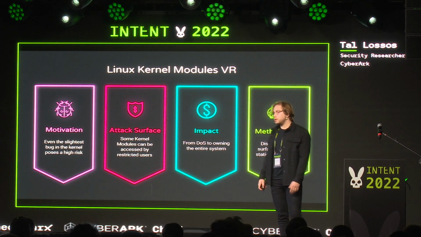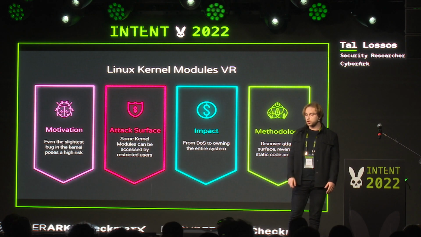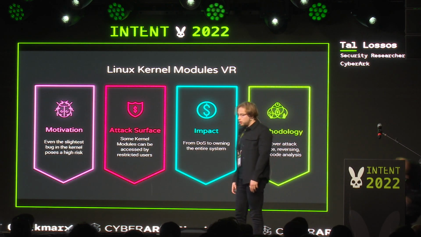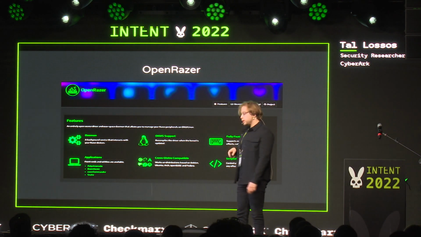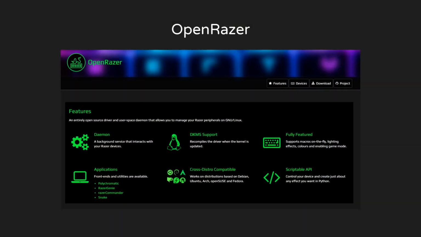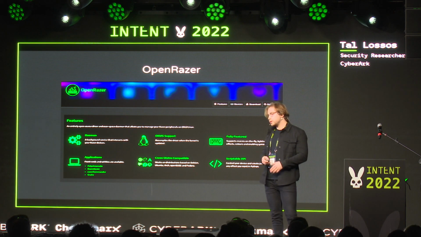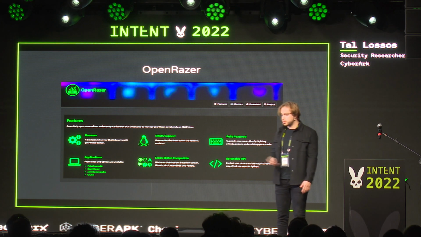The way we've done it is by looking for big third-party vendors that have open source code for kernel modules and looking up their code, one of which was OpenRazer. As you might know, Razer is a big vendor for gaming peripherals, focusing on hardware devices. If you want to communicate with or configure your gaming peripherals in a Linux environment, you will most likely use the OpenRazer software.